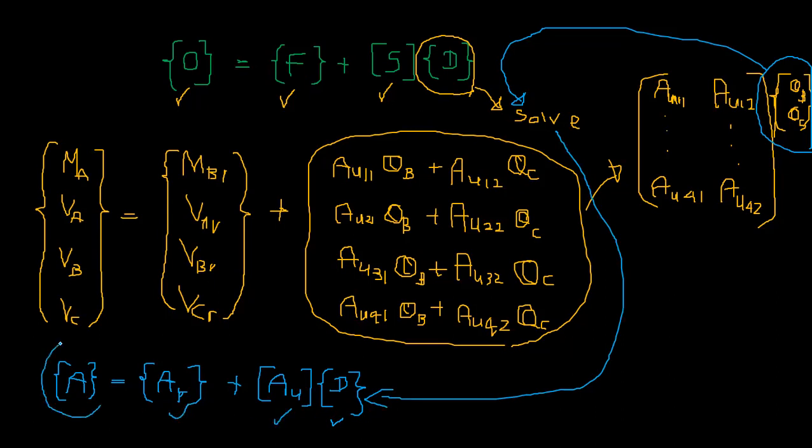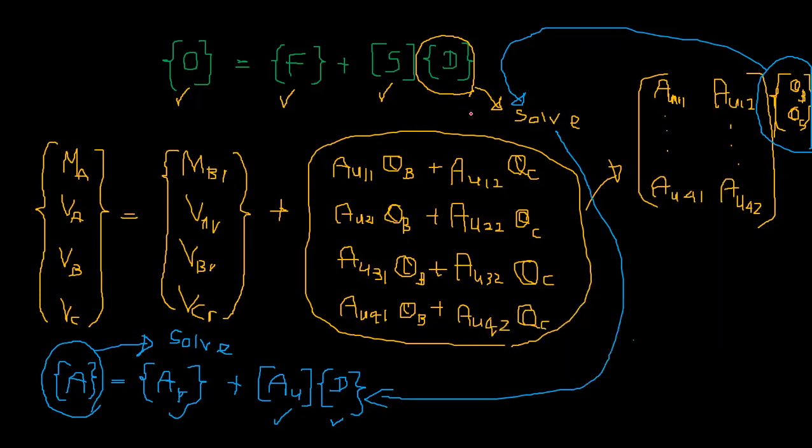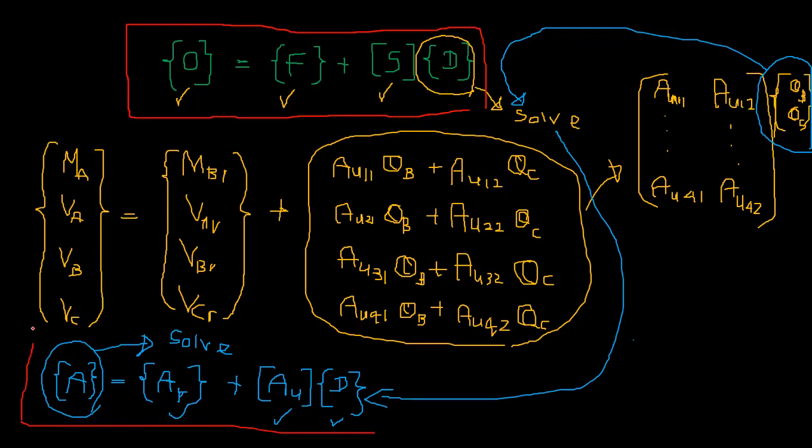You can find this and you can solve for this. So these are the classical analysis method using matrix displacement method. So this is our first equation, and this is our second equation to find the required action and displacement.